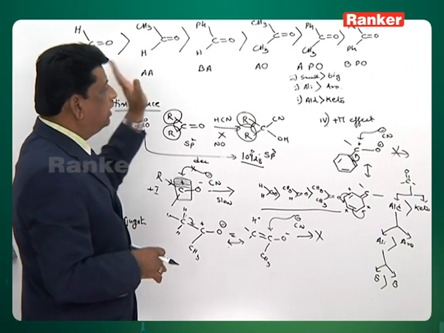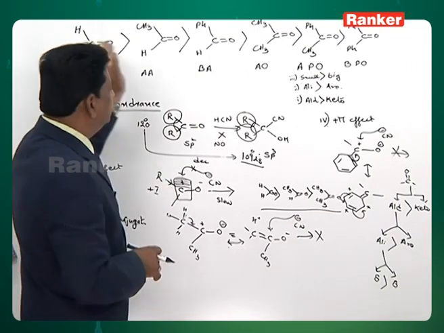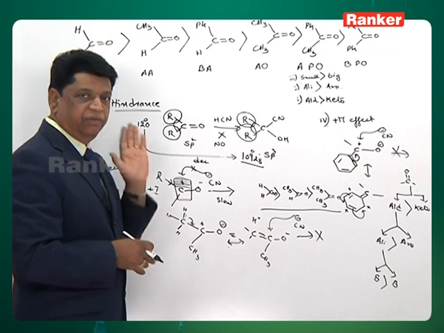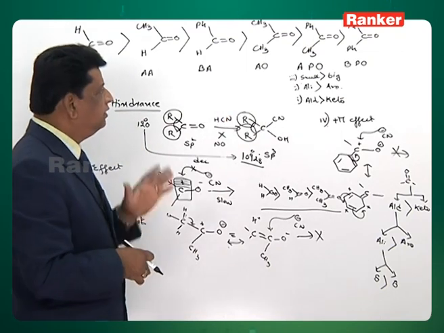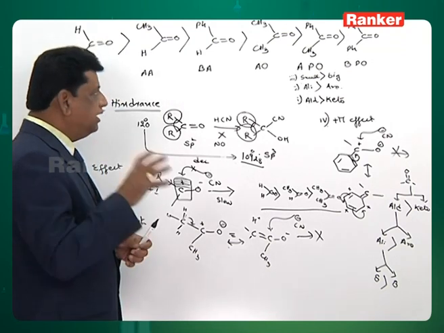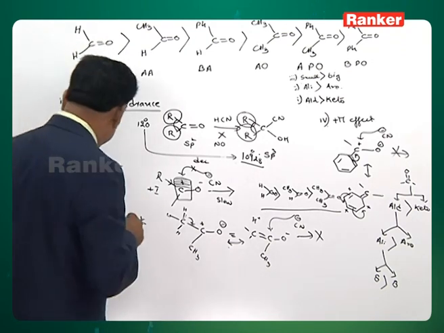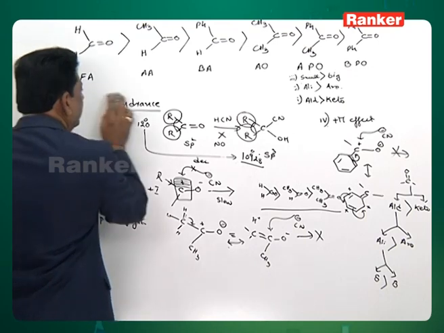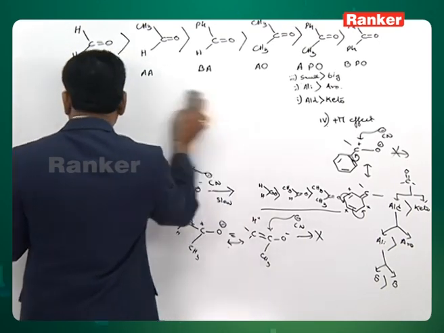Formaldehyde is more reactive, as the sizes and different groups, different phenomena go on increasing, as all are decreasing factors only in fact. But in a given compound also you can take it like this. For example, all are benzaldehydes only.